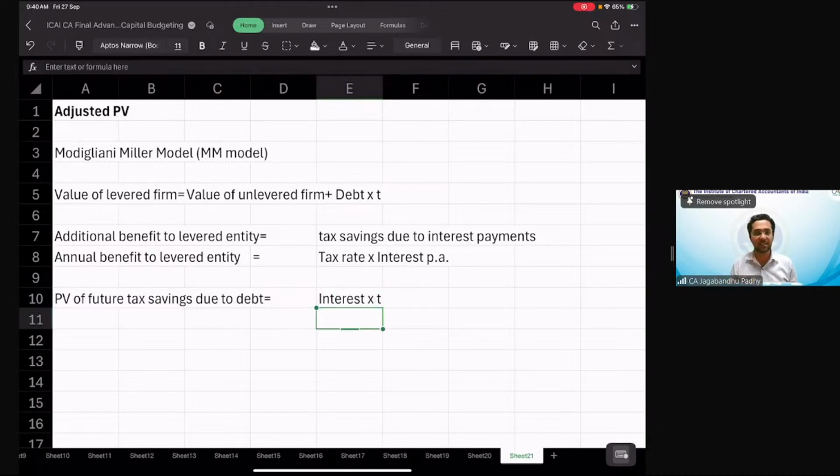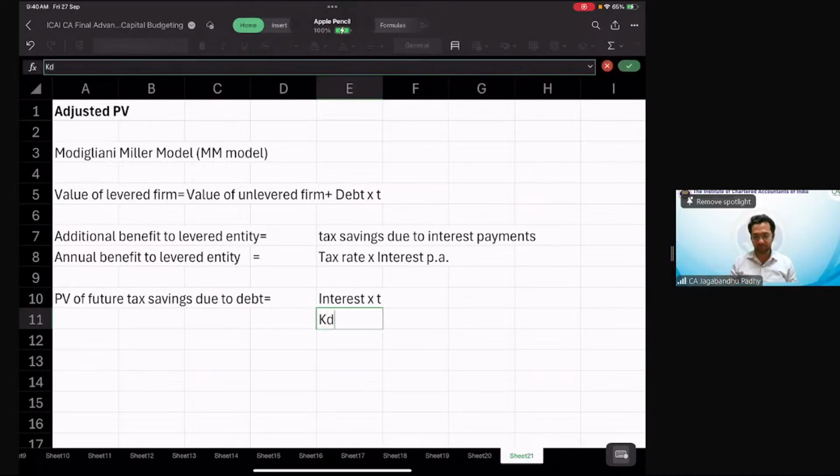This is a per annum tax saving, right? This is the per annum tax saving that we have. Now, if I want to capitalize it, I should divide it by what? If I want to get the present value of this perpetual tax benefit that we have, I should divide it by what? To get the present value, I should divide it by what?